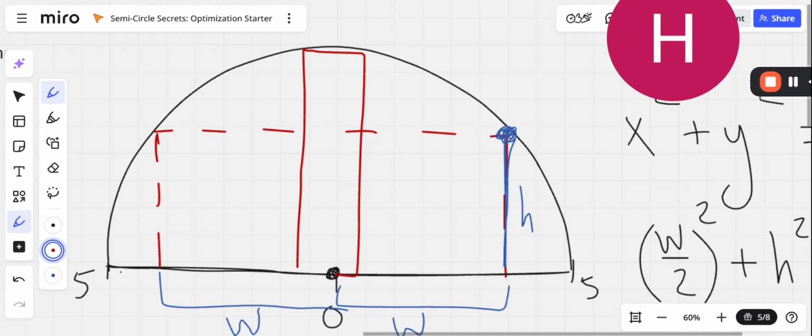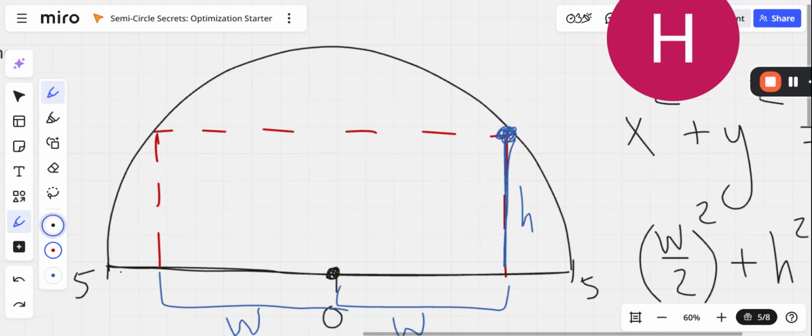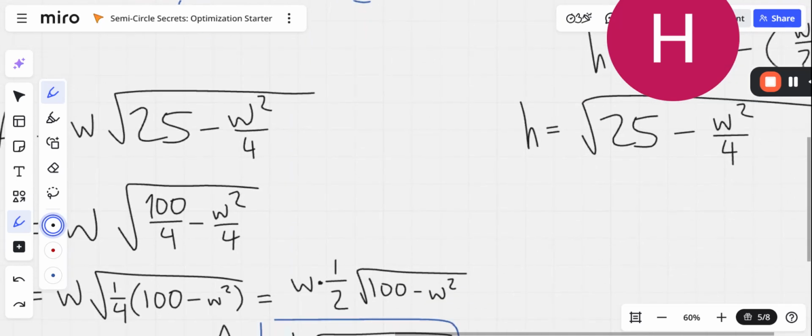But then as we get closer to the maximum width, our rectangle starts getting smaller and our area starts shrinking back to 0. Okay, so that also confirms that we will get some maximum area in between a width of 0 and a width of 10.